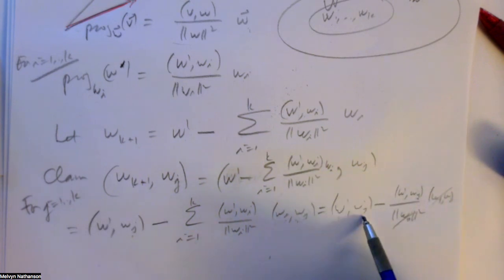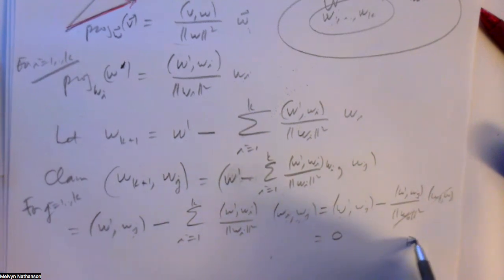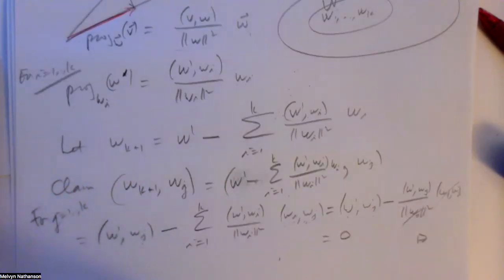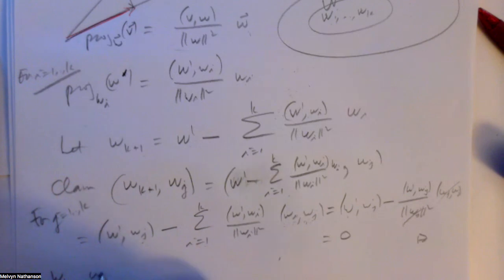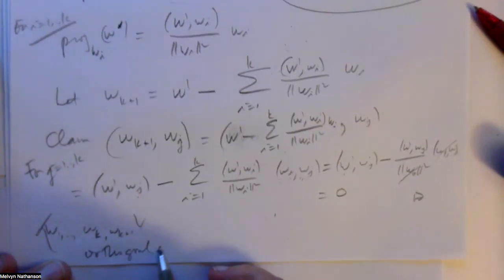I get W prime W_j minus W prime W_j. That's 0. So the k plus 1 vectors, W_1 up to W_{k+1}, this set of vectors is an orthogonal set.